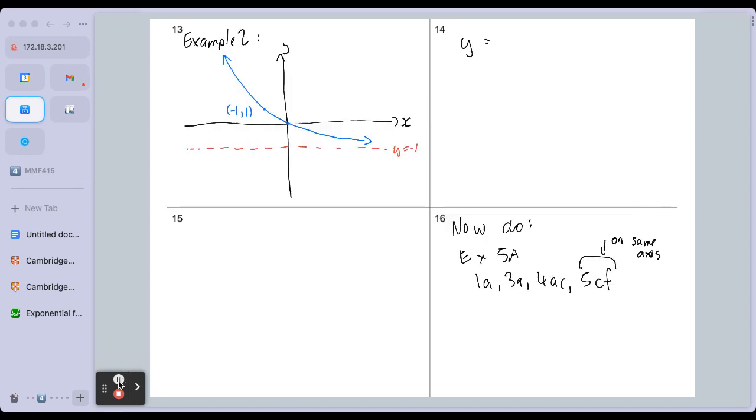Before I got you to do practice, I had this example 2 up, and it was this graph here, and I said, how would you go about figuring it out? As always, it comes down to just putting in the information that you do know and then figuring out the rest.